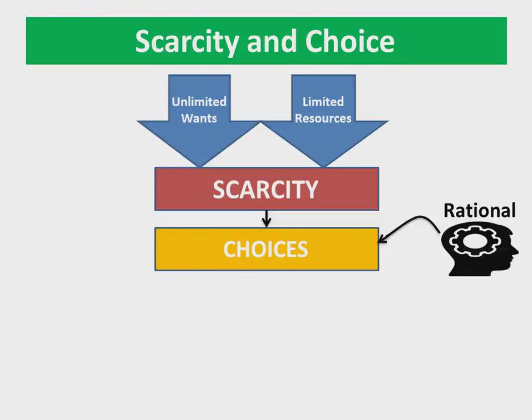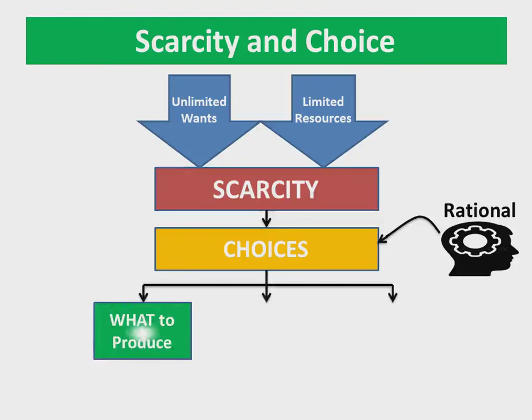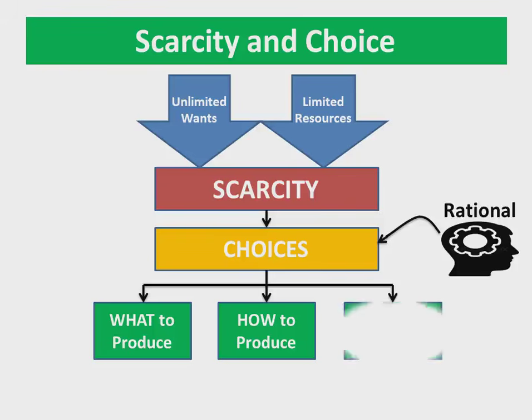In making decisions of production, we need to decide first on what to produce. For example, you may decide that you're going to produce clothes. How to produce those clothes? You need to think about the techniques that you're going to use. And finally, for whom to produce those clothes, you need to have the intended target.